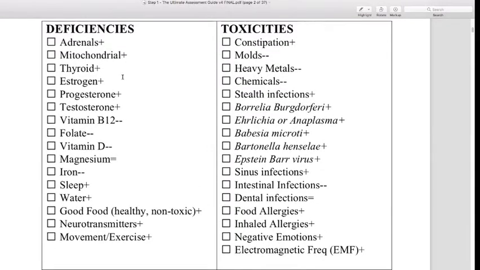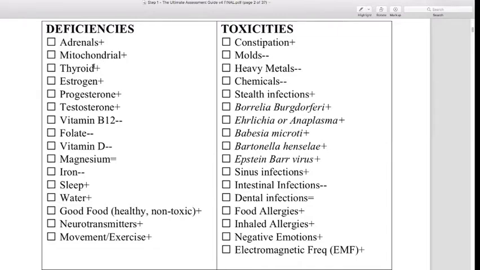Okay, so we're talking about all of these hormones, which I can just remind you guys in a second. We'll go on to the next page so you can remember or see for the first time what we're talking about with the ultimate assessment guide in step one, where you can go in and you can determine what the causes are or what the symptoms are, whether or not you have adrenal dysfunction as a cause of your fatigue.